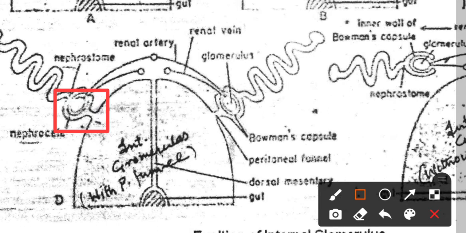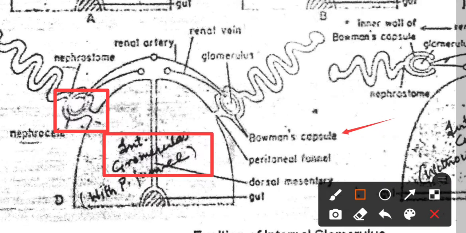And this Bowman's capsule has been transformed from the walls of the nephrocele. This is a very important thing to note, that the walls of the nephrocele invaginate and form the Bowman's capsule, in which the glomerulus enters, and that forms the internal glomerular stage.